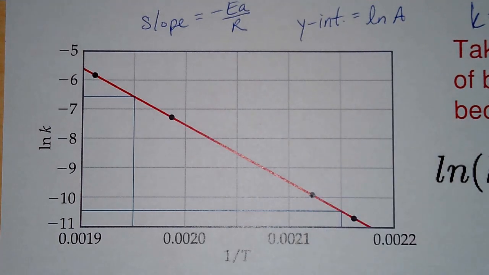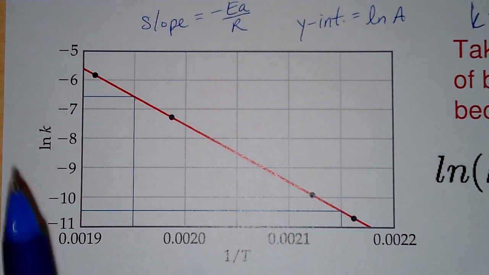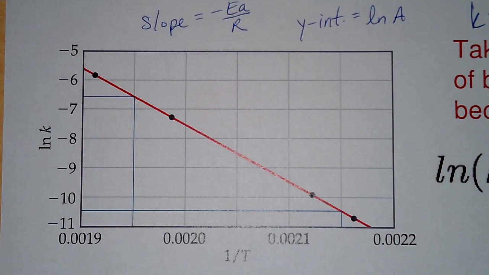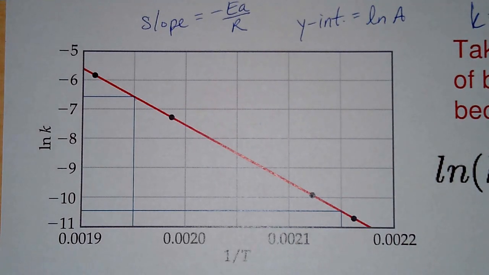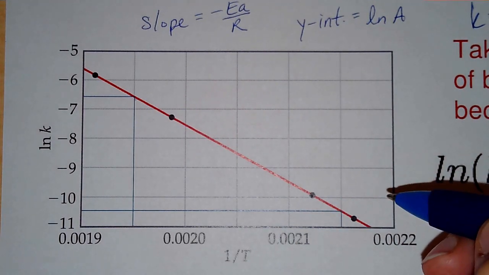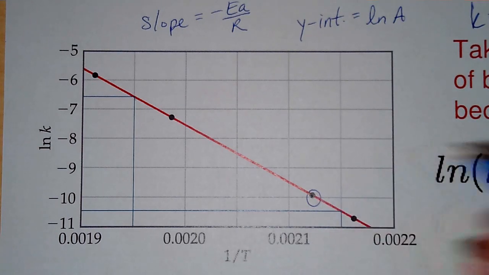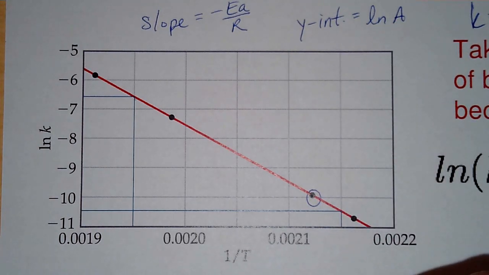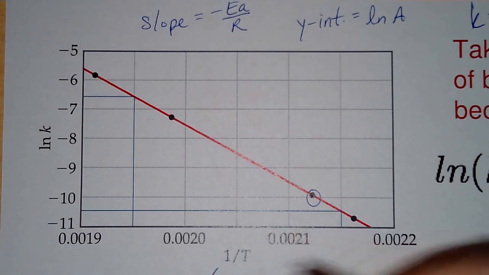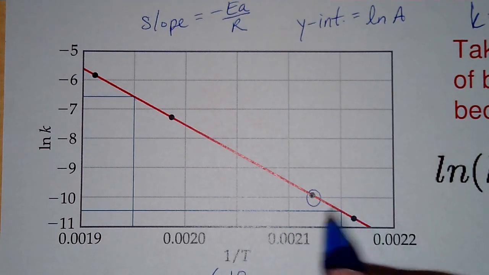Alright, so let's start with the slope part. There are a couple of points already picked out for us, but it doesn't matter which points you pick. So I'm going to pick this one. That one looks pretty close. So we're going to go change in y over change in x. So this is negative 10, and we're going to say that's 0.00215.